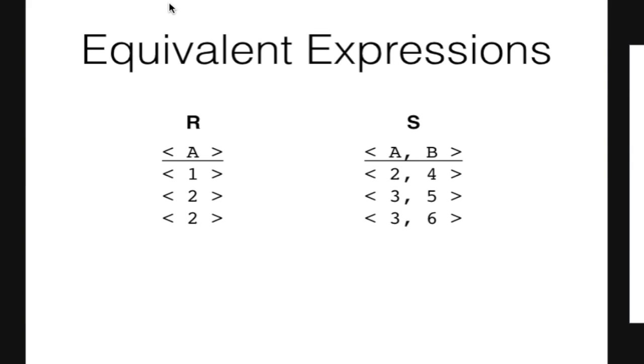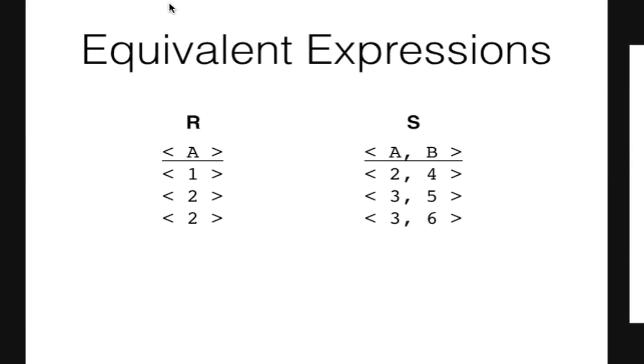All right. A couple of simple examples. So here's some data. I've got R and I've got S. So first off the bat, is the expression R equivalent to the expression S? No. I mean, they have different schemas, they have different data. Doesn't make sense. What if I project things down?